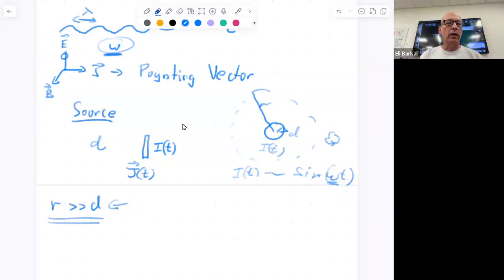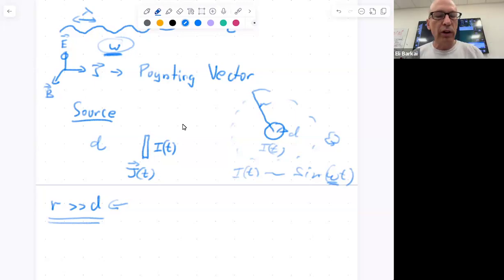You do not see the turning on of the system because things propagate at the speed of light. But after some time, you continue with these oscillations. You generate this wave that in principle will stay there forever if the frequency of this physical system is remaining. Okay, so this is the general framework.